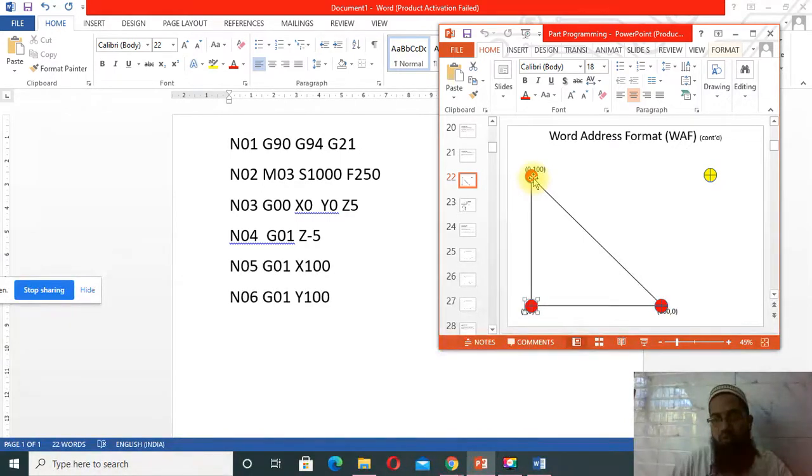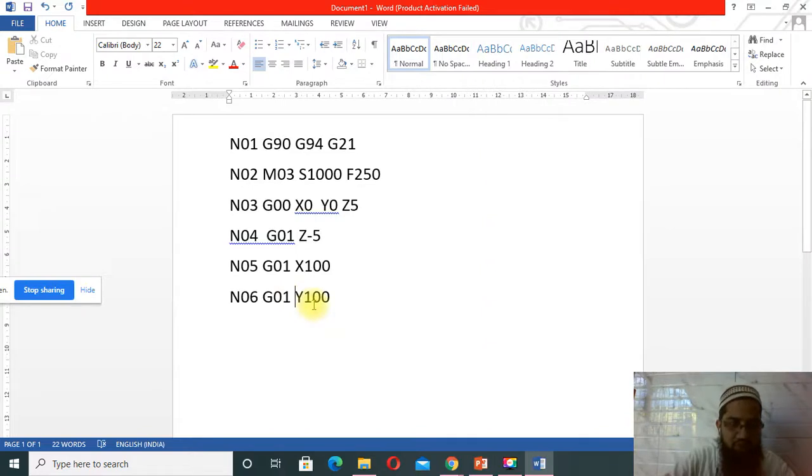The tool will move from here to here, but try to write x0 here, because if it is a straight line that is okay, but if it is an inclined line, you have to write x equal to 0. That is in case of an inclined line.